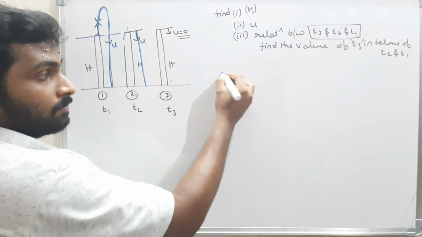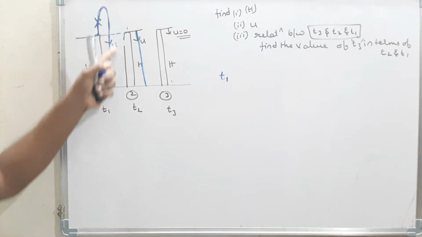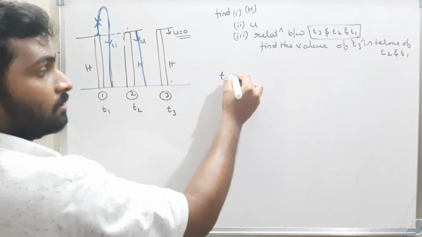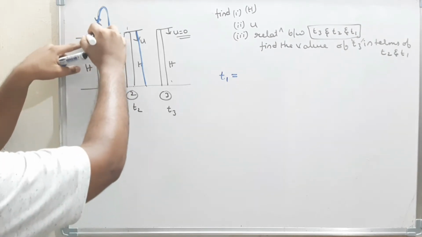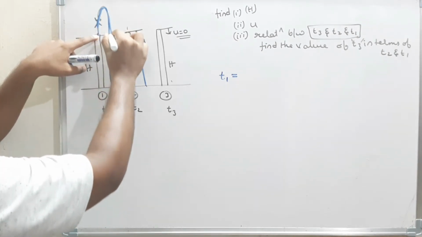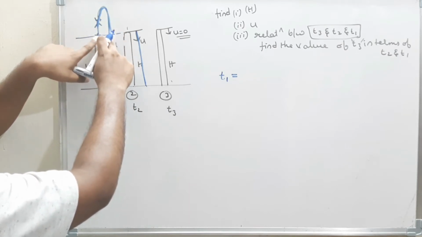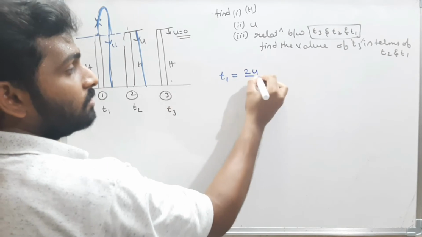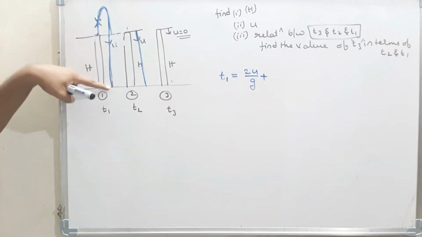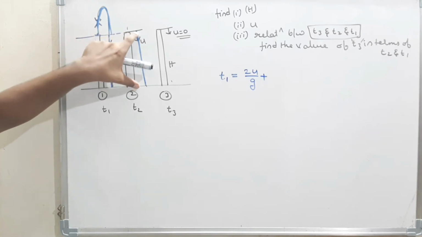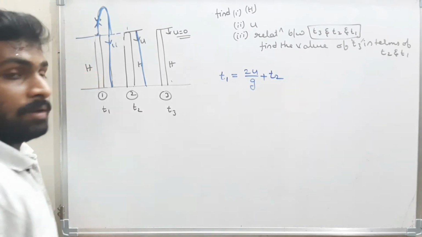Now see here, t1, that means the time of flight, the whole time, I can write as equal to this time. That means the time taken by the body to move from here and again come back, this much time. What is the time? That is nothing but the time of flight, that is 2u by g, plus the time taken by the body to move from here to here, which is exactly like this body, which is nothing but time t2. Can you relate that?